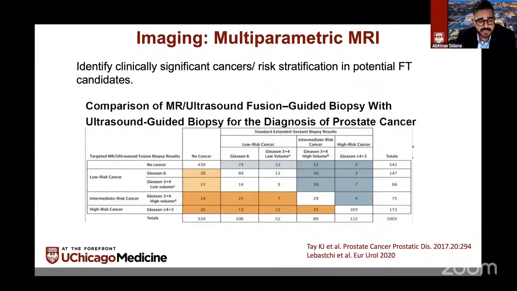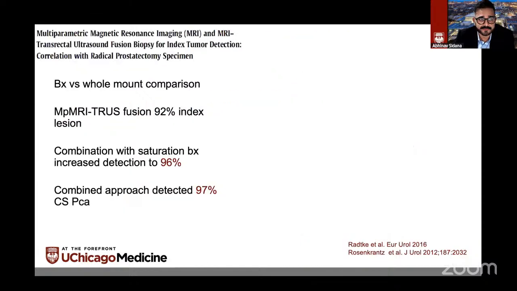significant cancer. This table from the landmark JAMA article from NIH demonstrated that prostate MRI detects 30% more clinically significant cancer than random biopsy alone, and was the most optimal approach for prostate cancer diagnosis.